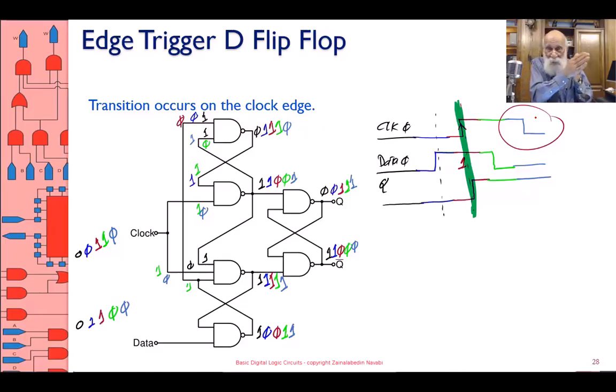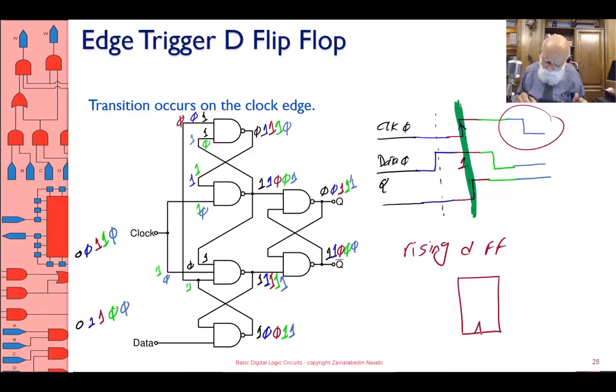Only on the edge you're taking the input and taking it all the way to the output. So it can't be transparent during that edge. I refer to this as rising edge D flip-flop, and this is the notation for it. Rising, CLK, C1, 1D.